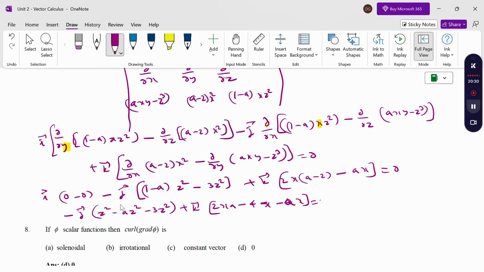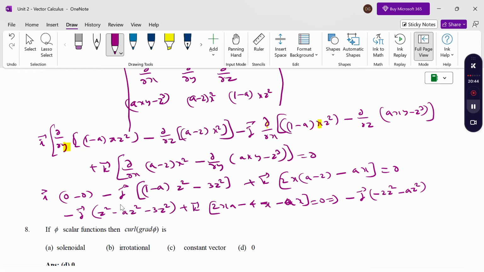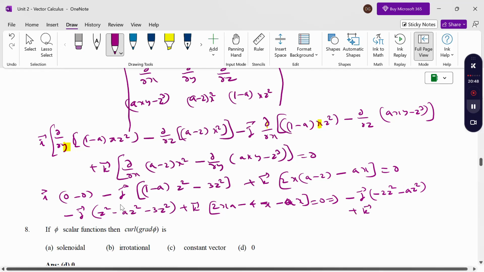Now after this simplification, this term 3z square, when I subtract this, minus j vector, minus 2z square minus az square, and then plus k vector, subtraction xa minus 2xa minus ax. So xa minus 4x equal to 0.